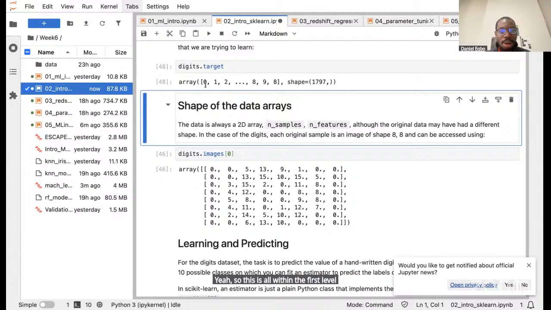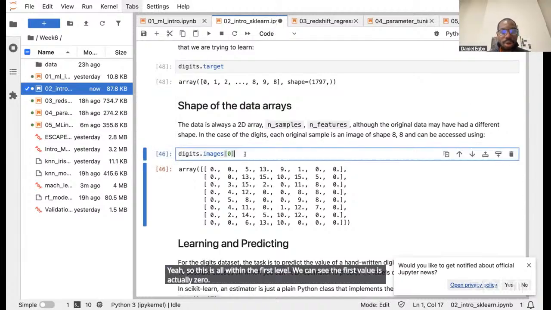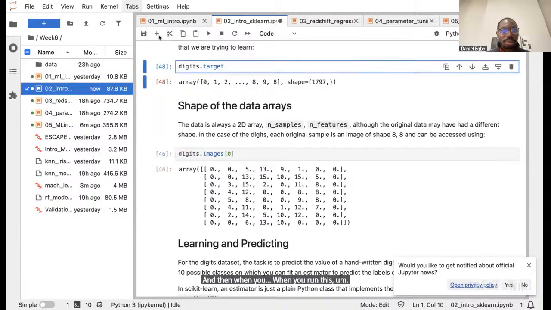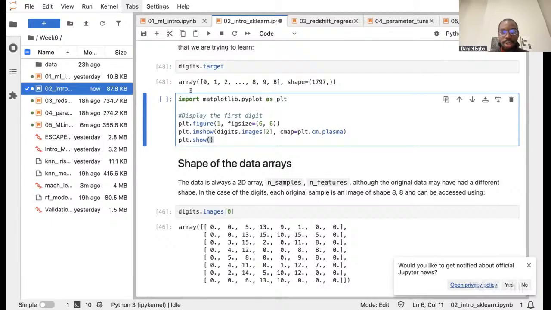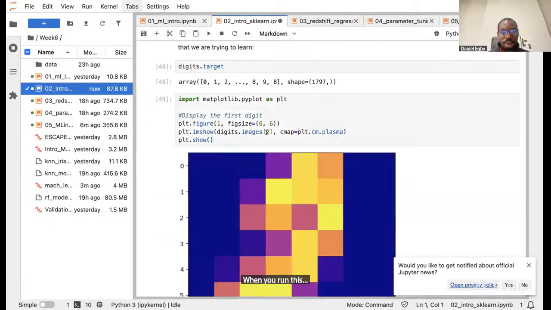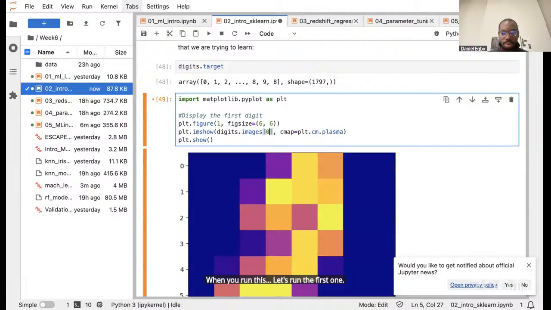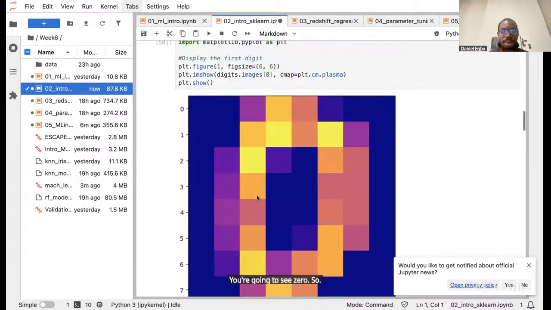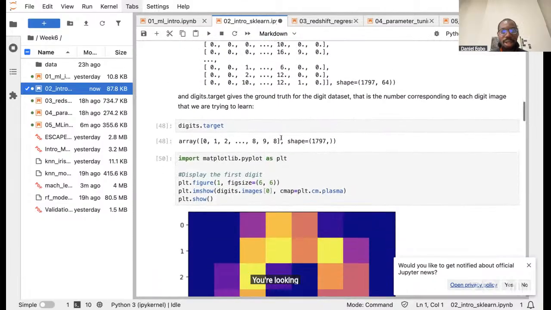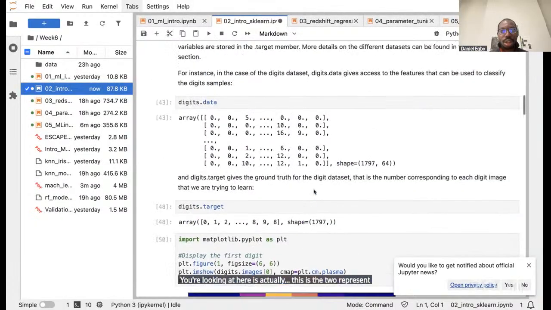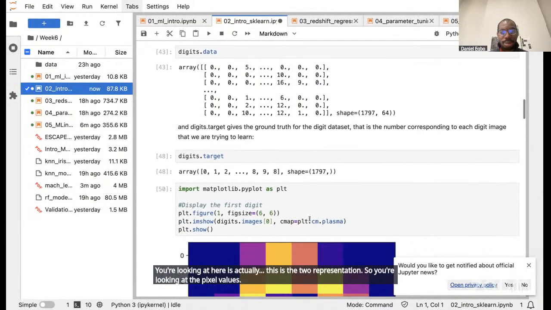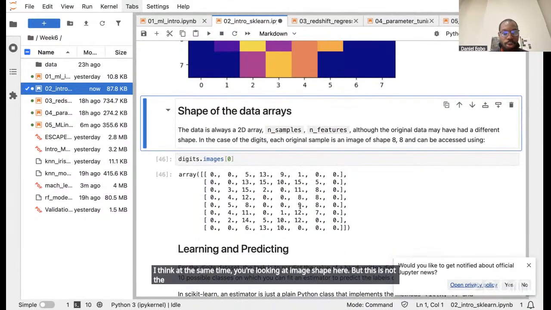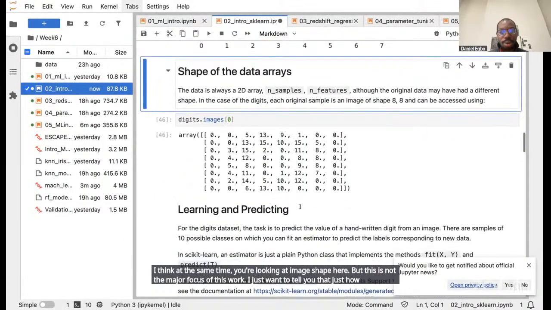You can see the first value is actually 0. When you run this, let's run the first one. You're going to see 0. So all these values you're looking at here are the true representation. You're looking at the pixel values, and at the same time, you're looking at the image shape here. Now, this is not the major focus of this work. I just want to tell you how those image data can look.